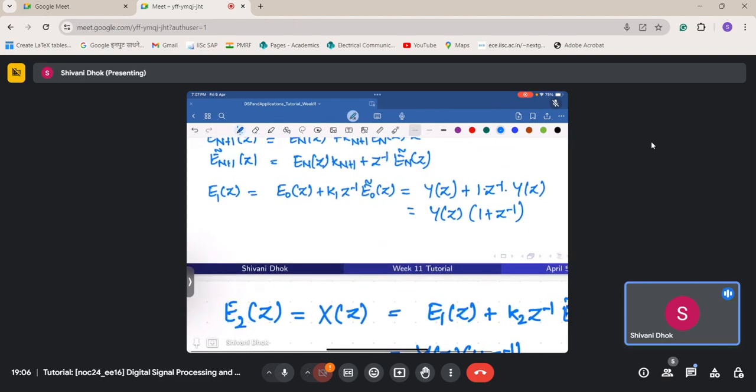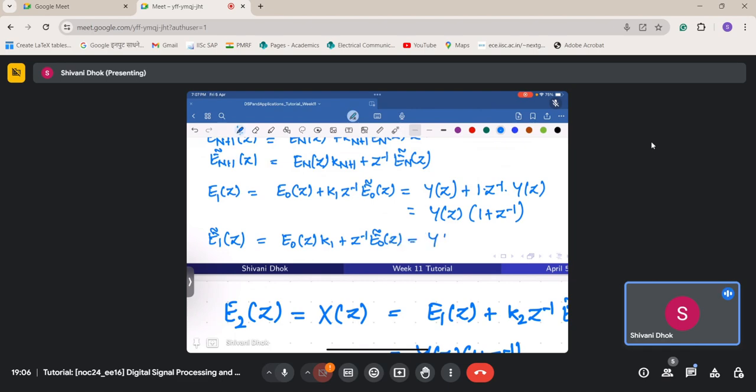So this E1 tilde, from this particular equation, will be equal to E0 of z into k1 plus z inverse into E0 tilde of z.